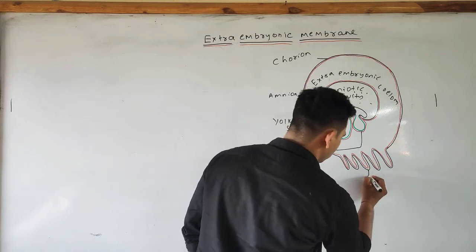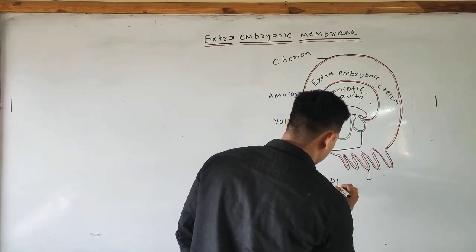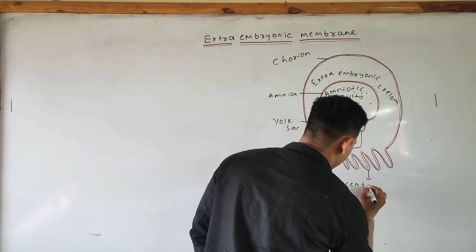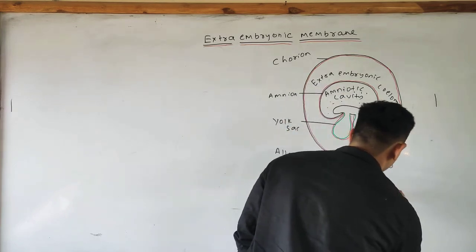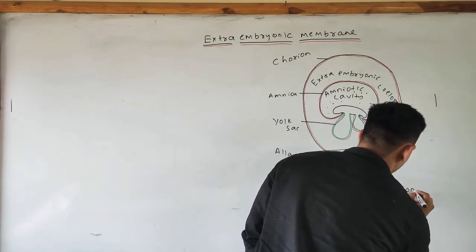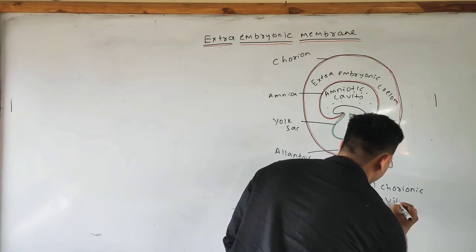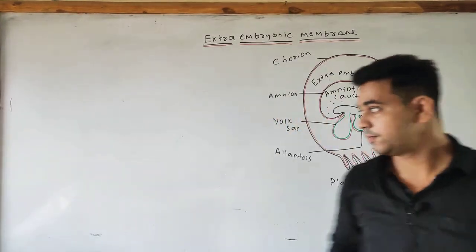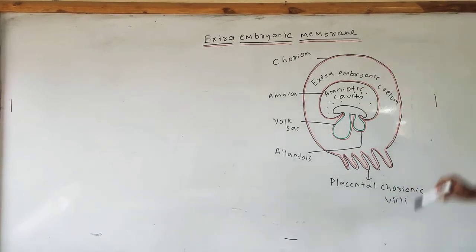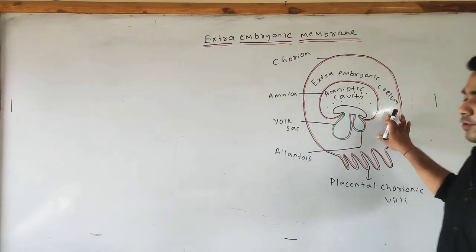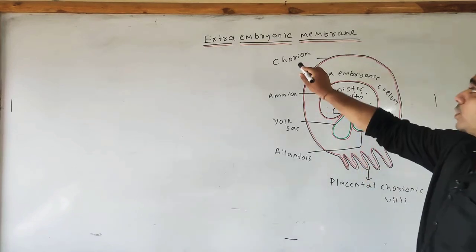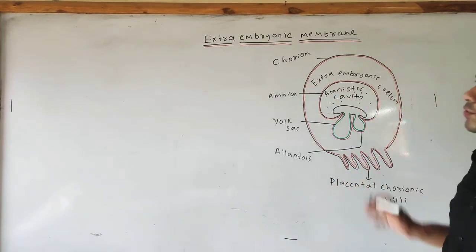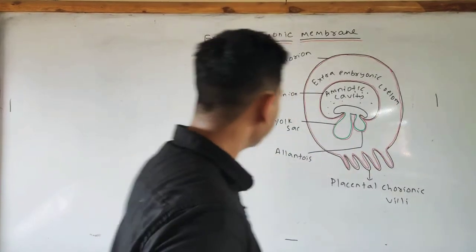This one is your placental chorionic villi, okay? As in the previous class, we have discussed all the portions of the diagram. Today I have done once more time the diagram so that you can easily relate with the theory portion.